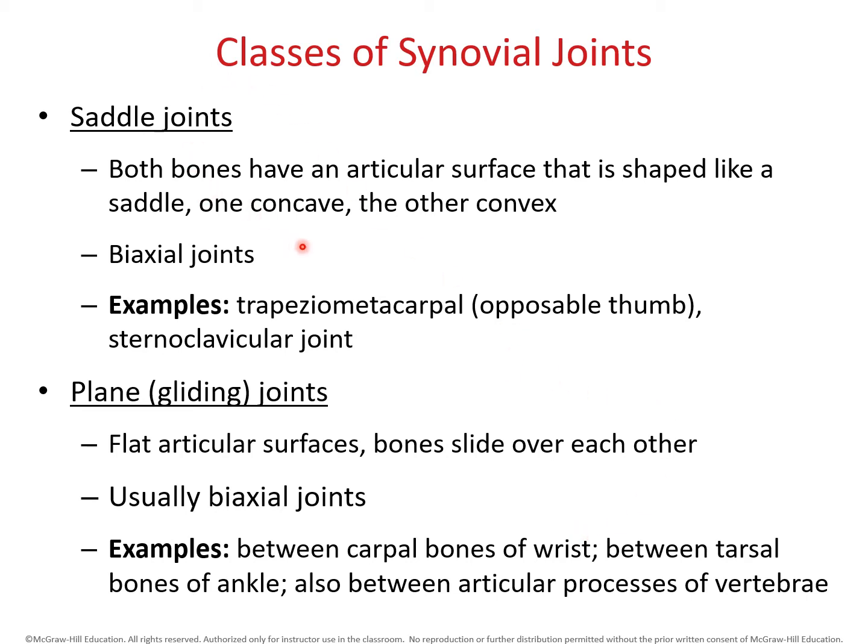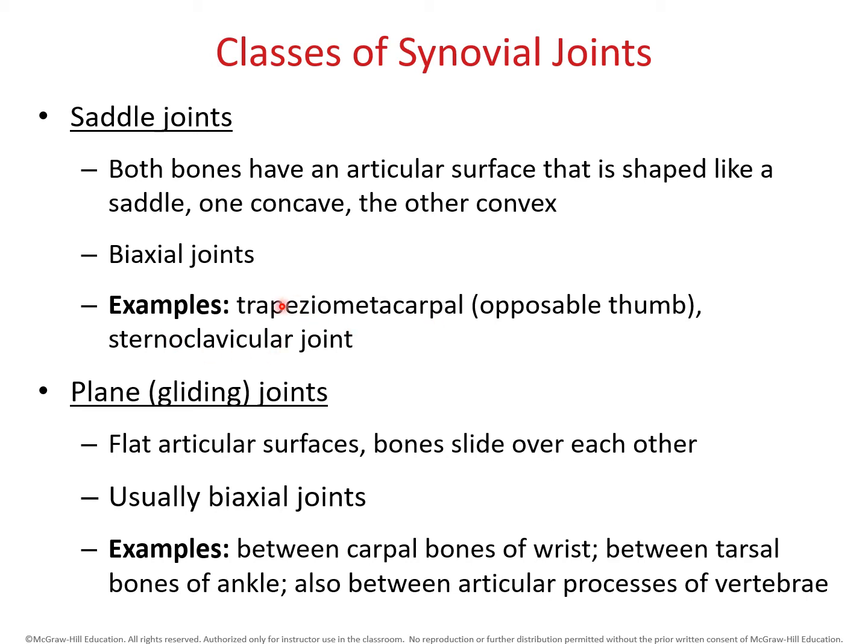Saddle joints. Saddle joints are biaxial. In these joints, one bone is shaped concave and the other is convex, like a saddle. Examples: trapeziometacarpal.